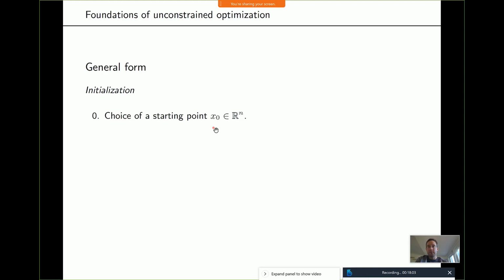So initialization and the choice of a starting point always needs to be there. There is not a magic algorithm that starts without some initial value. It doesn't exist.